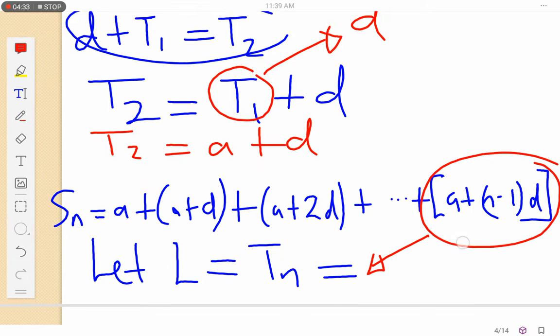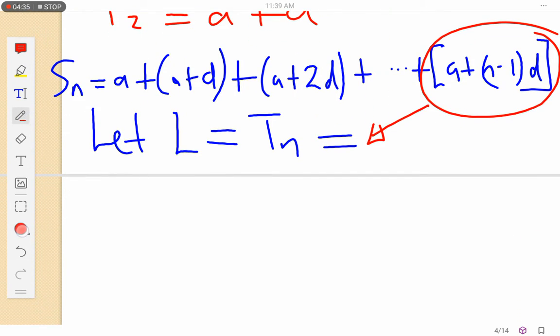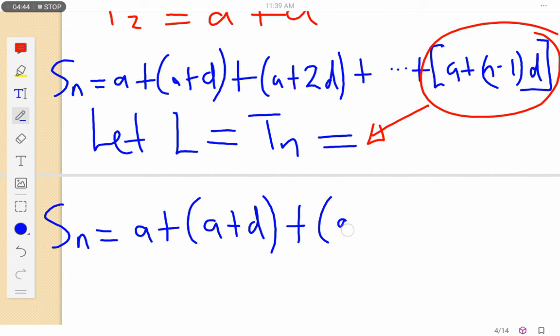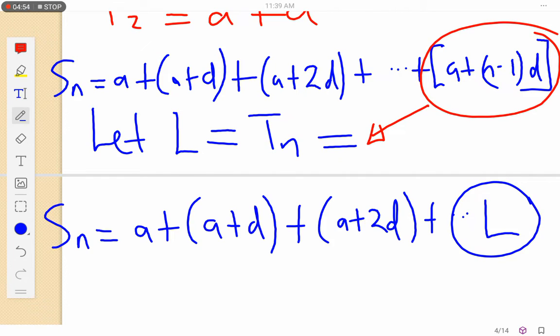So I can rewrite this again as Sn is equal to A plus the second term A plus D plus A plus 2D plus, then I have my L. Before my L, I can have the term before it, which is L minus d, the common difference.